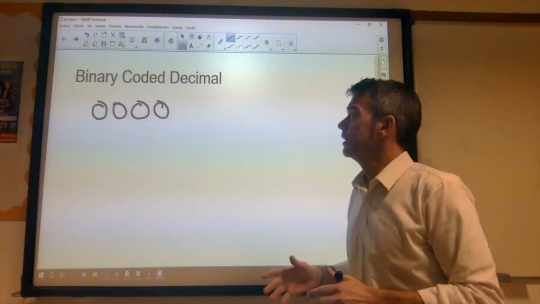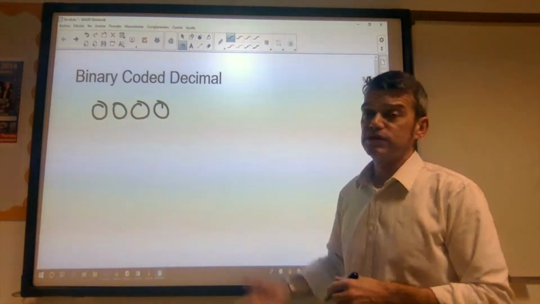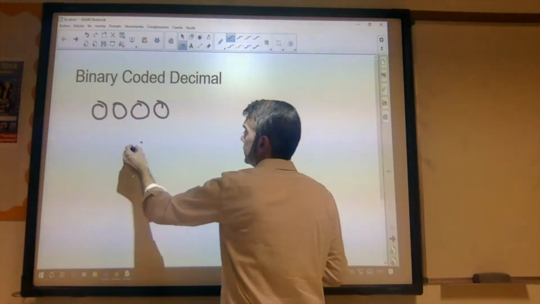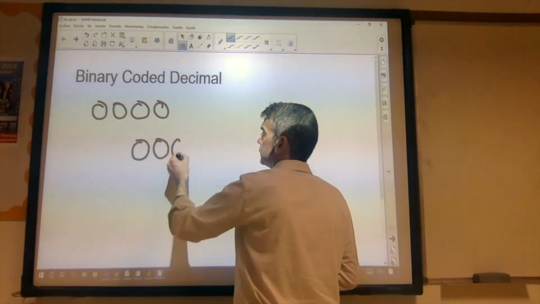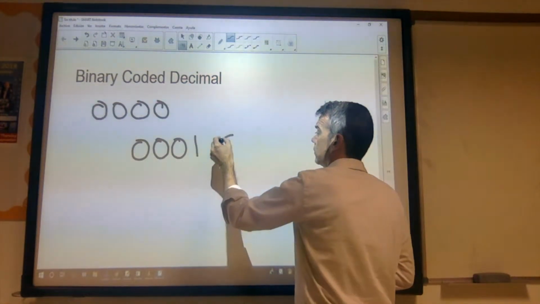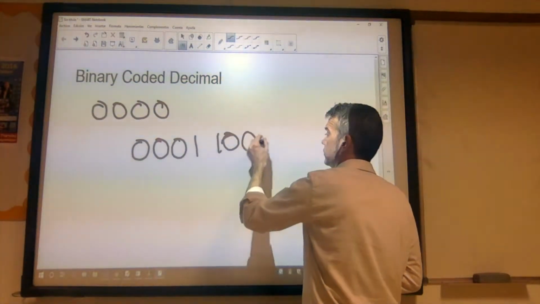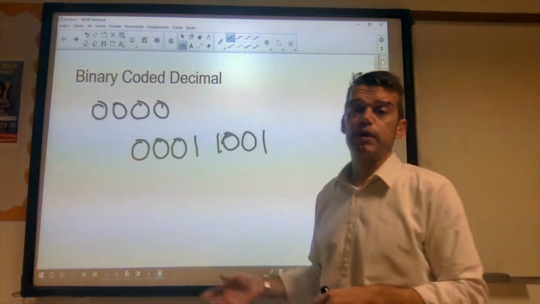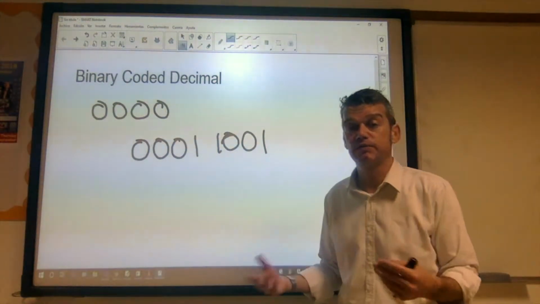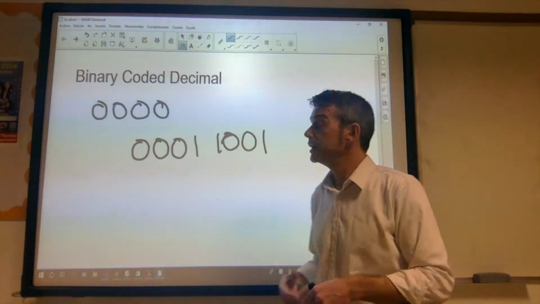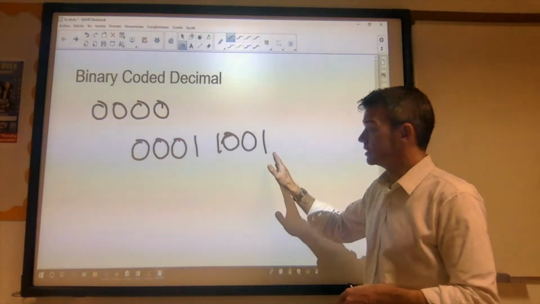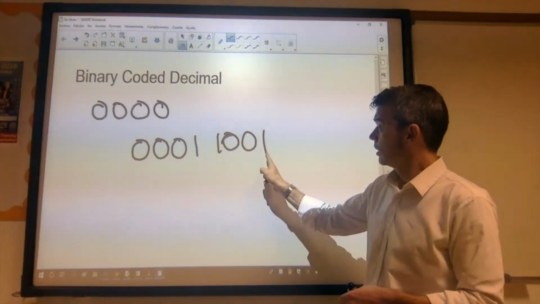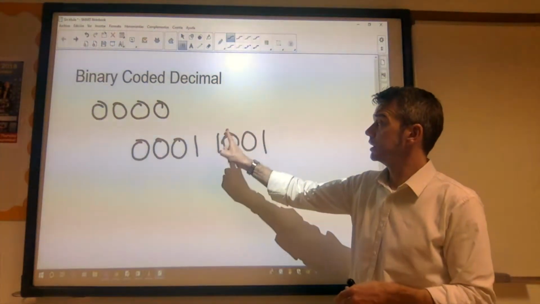So, for example, if I wanted to represent the number 19, I could do so as such: 1, 0, 0, 1. If you remember from previous lessons on converting between binary and denary, the bits represent, from the least significant bit to the most significant bit, 1, 2, 4, and 8.